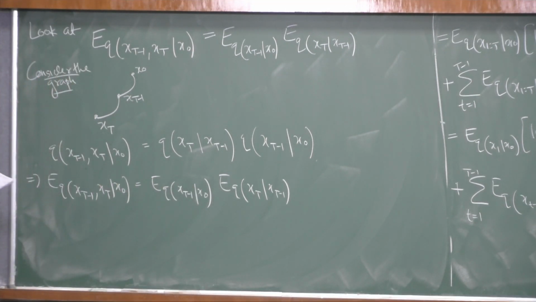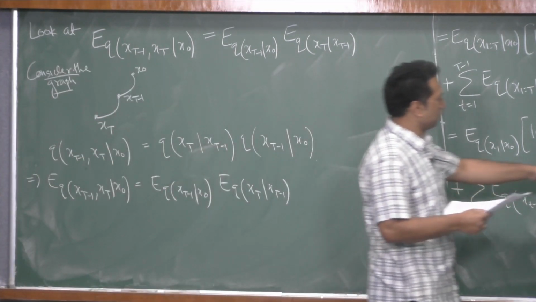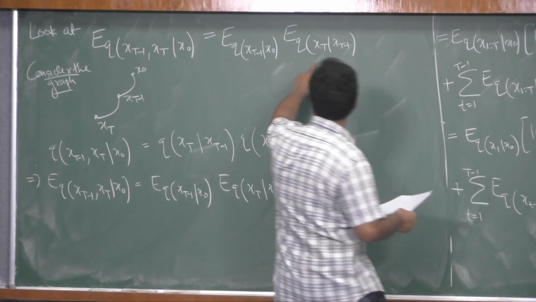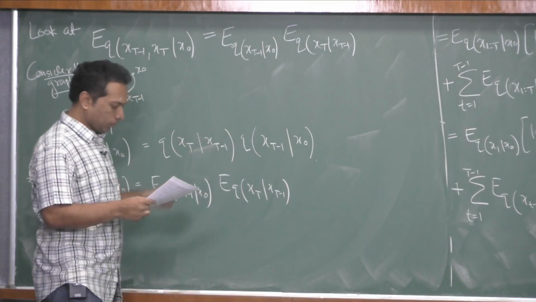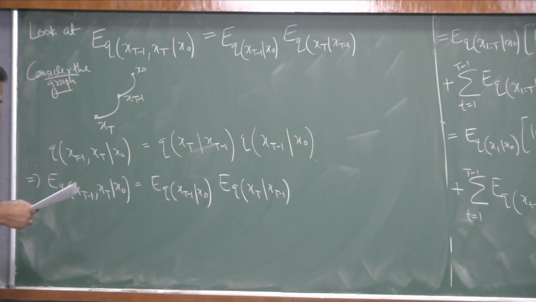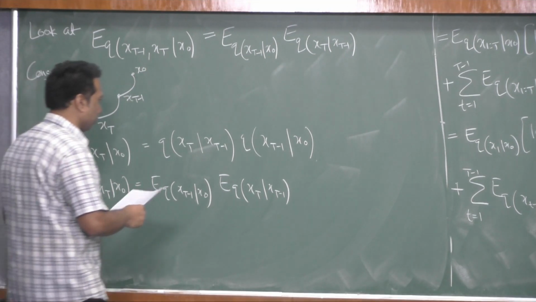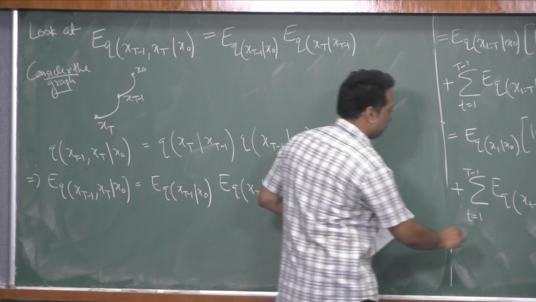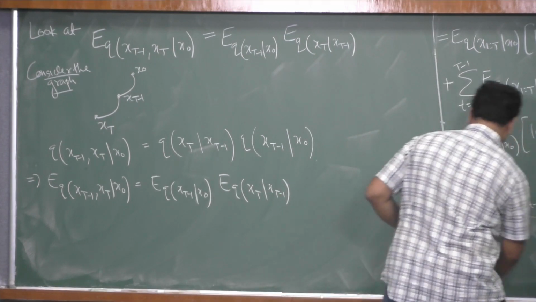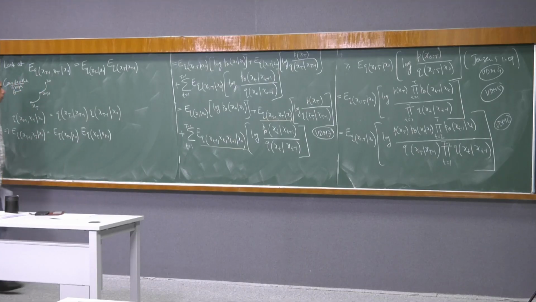So we have used these two arguments here. This gives us a way to break this expectation into these two parts. Okay, that's the one thing. Now similarly we can look into the last term, the third term, where we wonder whether we can also split this into some smaller products.